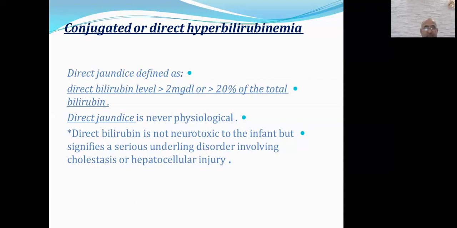Direct hyperbilirubinemia is never physiological. It is not neurotoxic to the infant, but signifies serious underlying disorder involving hepatocellular injury. So it is better for me to deal with indirect hyperbilirubinemia in comparison to direct hyperbilirubinemia. Direct bilirubin is all the time pathological and may result from a serious problem, in spite of it not causing a neurotoxic effect.